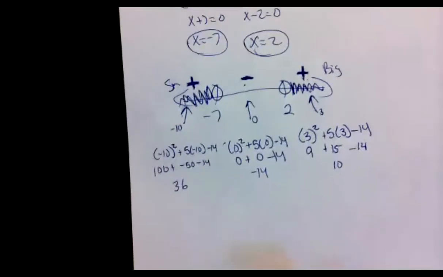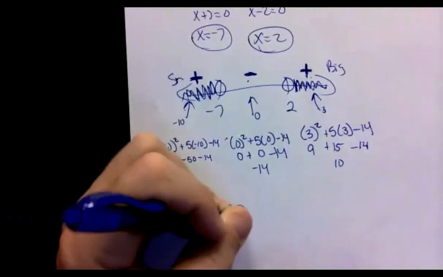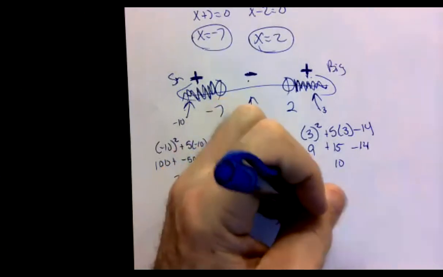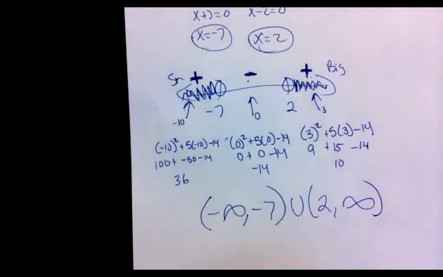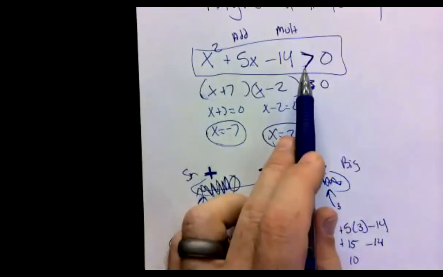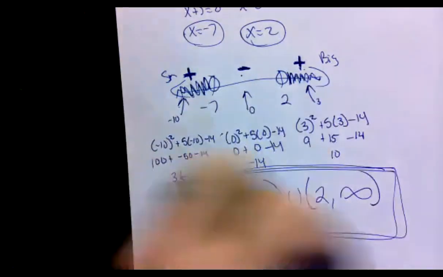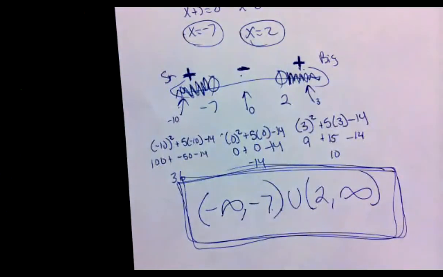So interval notation again says from negative infinity to negative 7, and then from 2 to infinity. And again, we use parentheses here because this was a regular greater than, not a greater than or equal to, or not a less than or equal to. So there's the interval notation for my solution.